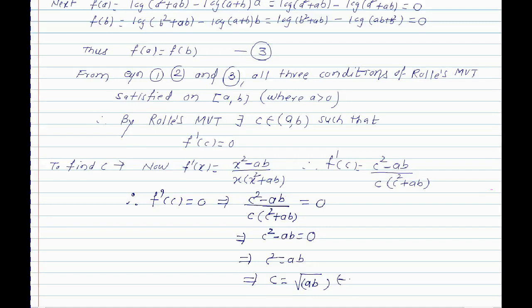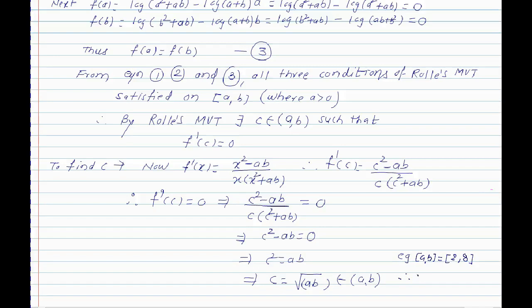and this is a number in the open interval a to b. This is the geometric mean of a and b, so naturally it is a number in between a and b. For example, suppose the closed interval a to b is 2 to 8.